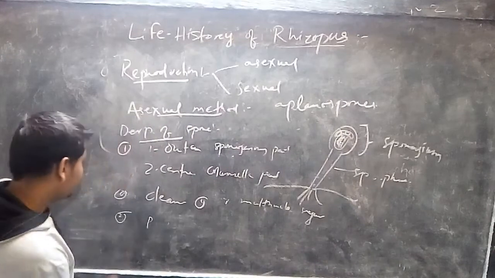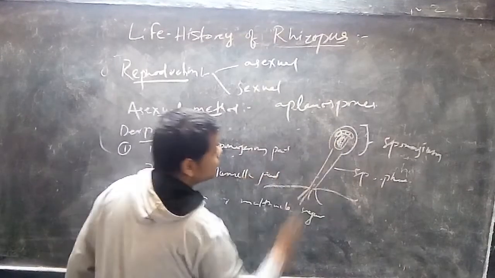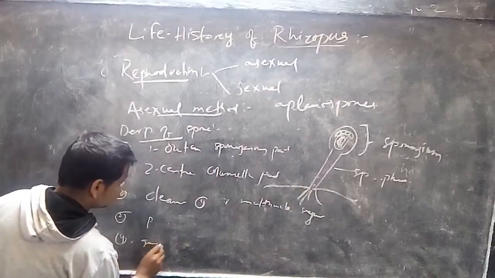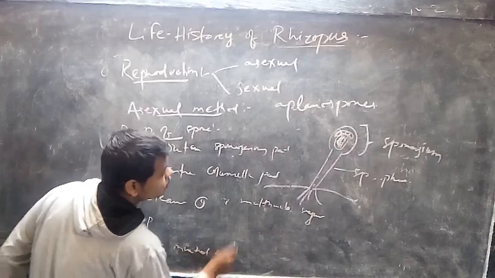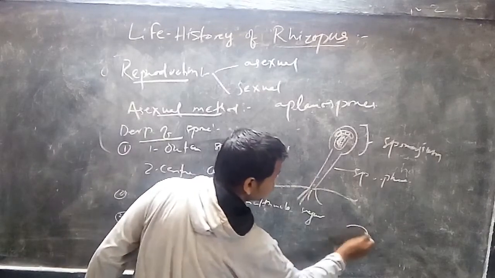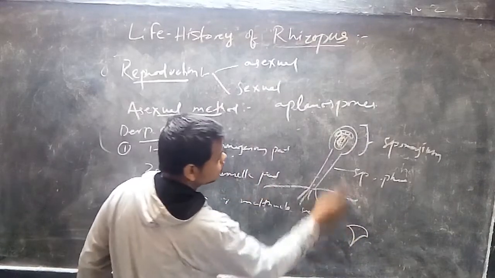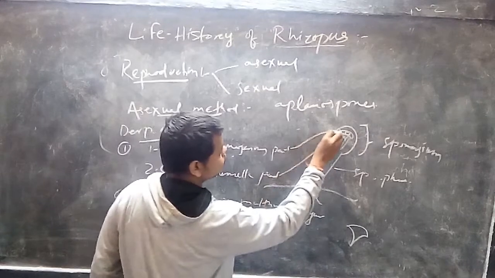Okay. Then in the fourth stage, the central columella grows inverted. In the fourth stage, the columella grows into an inverted basin-like structure. That means like this. This is the inverted basin-like structure. The columella grows. This is the central part. Columella. This is the outer part.